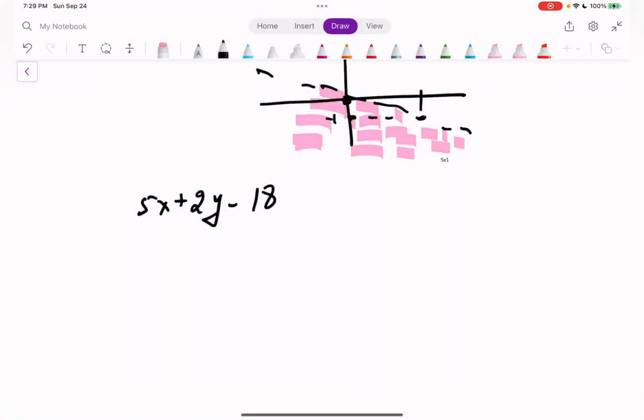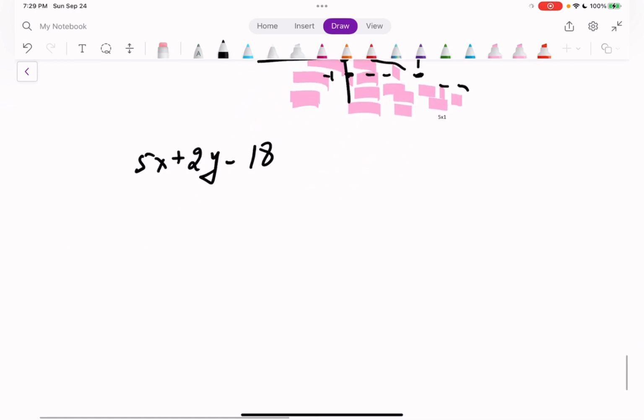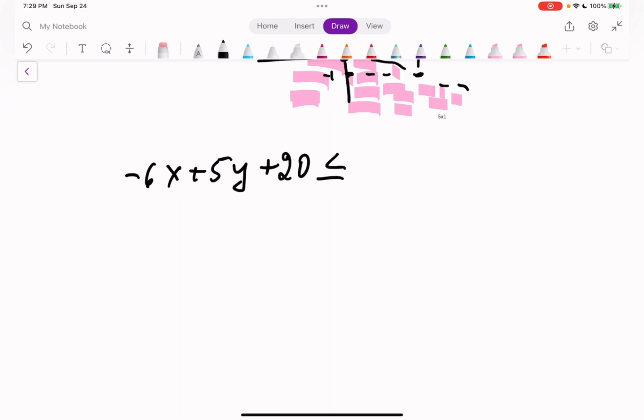So let me write it down. See, I told you it changed right away. Negative 6x plus 5y plus 20 less equal 0.